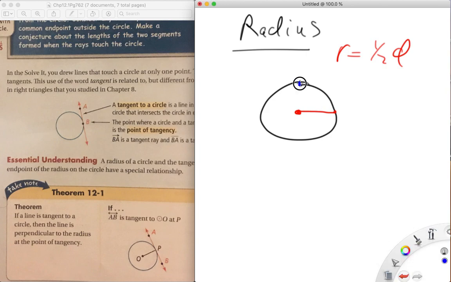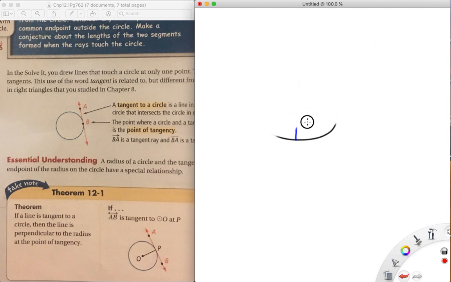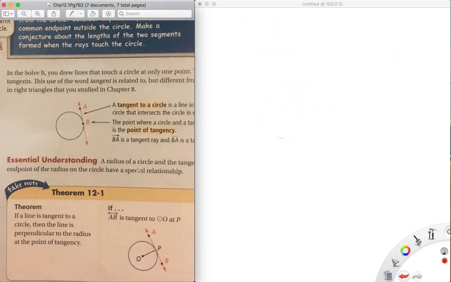Diameter is the distance from one side of the circle that goes right through the center of the circle to the other side. So this is diameter, this is radius of a circle, and radius is always half of the diameter. We'll be dealing with a lot of radiuses, radii, today and throughout this chapter.